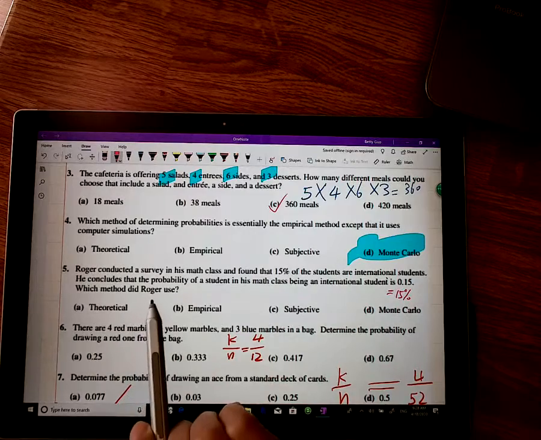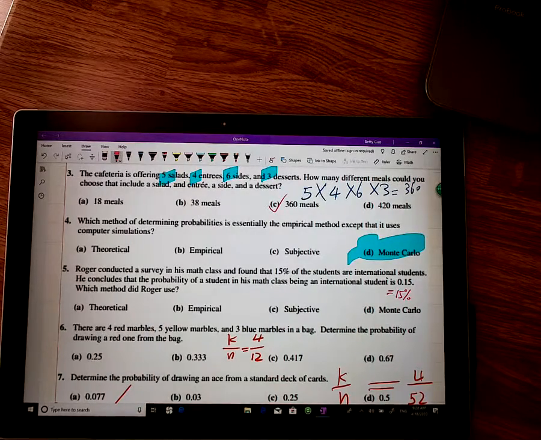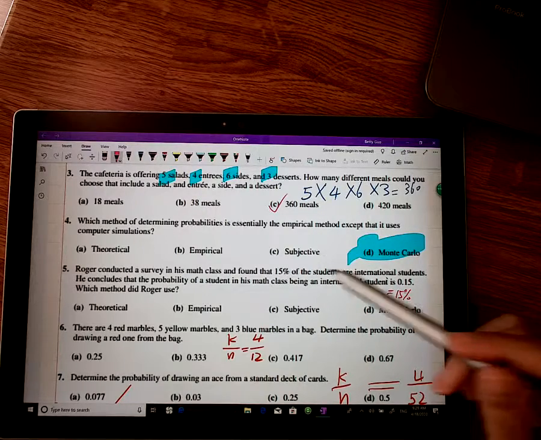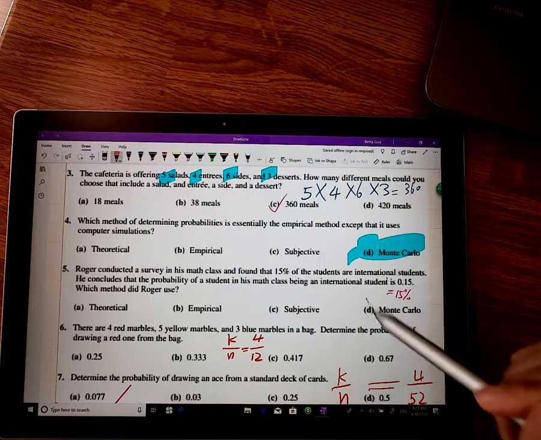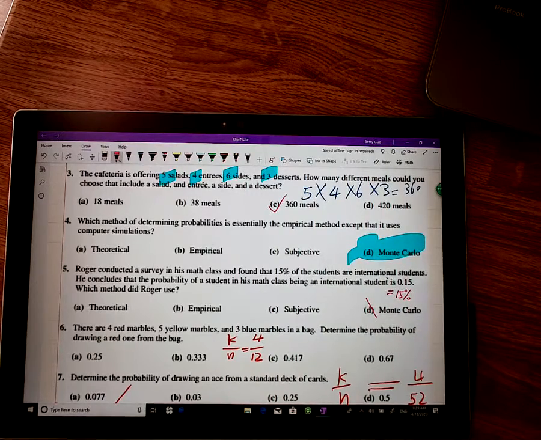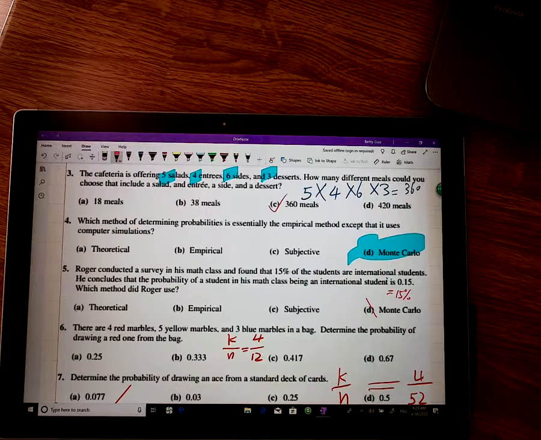Which method did Roger use? Theoretical, empirical, subjective, or Monte Carlo? I don't think he is using computer, so this is out. What do you think? It is empirical.